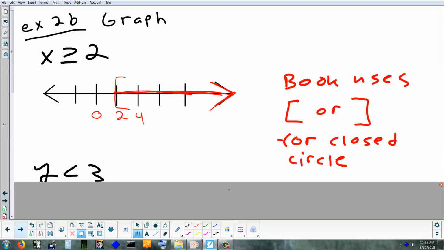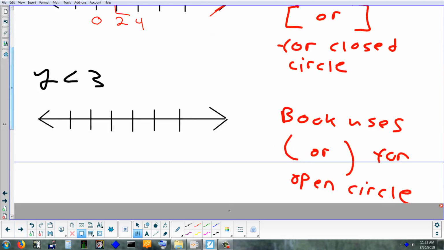Any guess? How about Jark? Like a parenthesis. Yeah, a parenthesis. So when you have an open interval, like a greater than or less than, we can use a parenthesis.